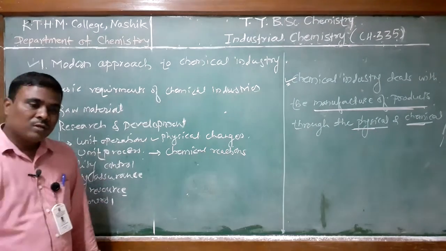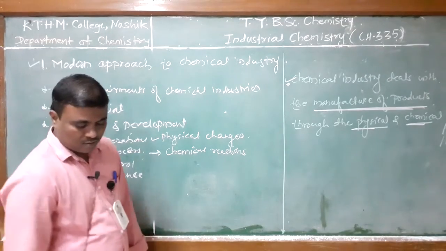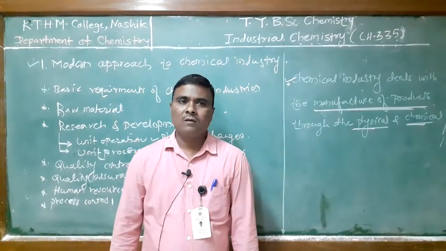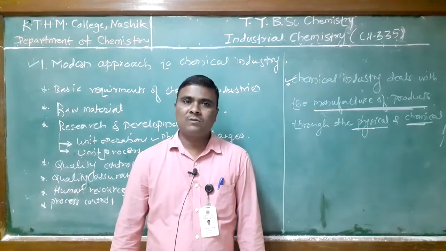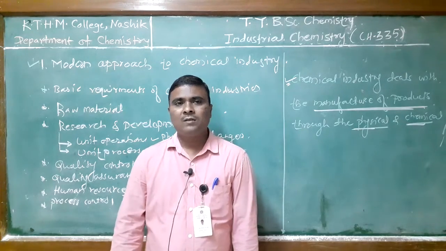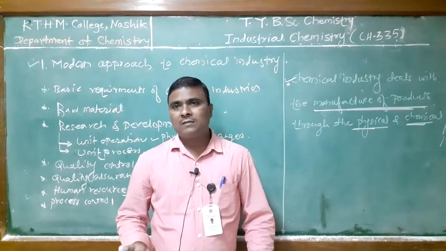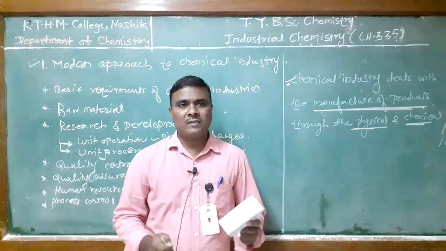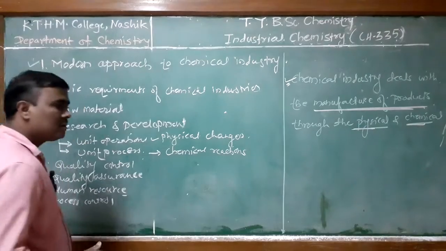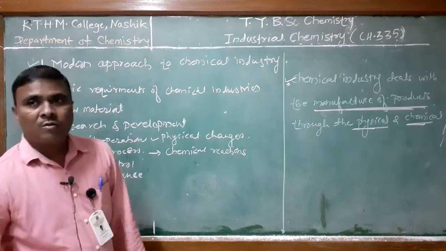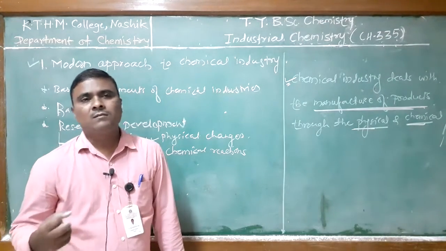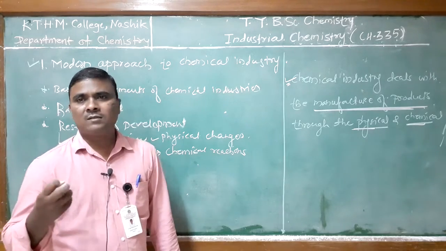you know very well that you are doing practicals from your first year B.Sc, although you are doing prior to that also, but I am saying first year B.Sc, you are doing some qualitative analysis, quantitative analysis, some small reactions. In that one you may have observed that some of the reactions need heating, some of the reactions need cooling.